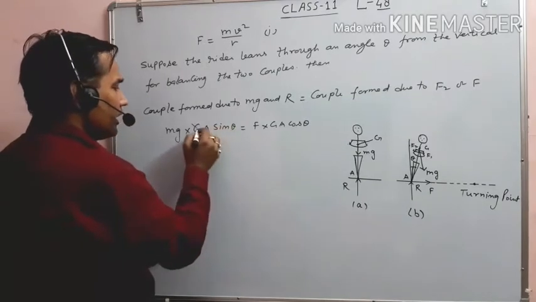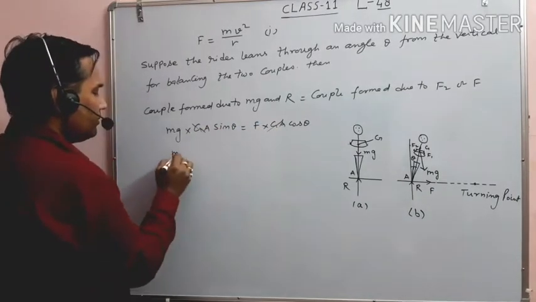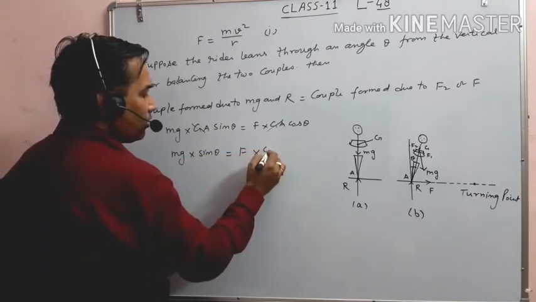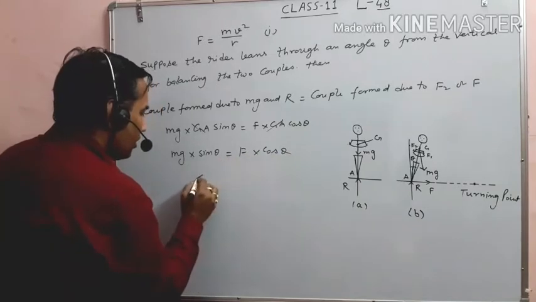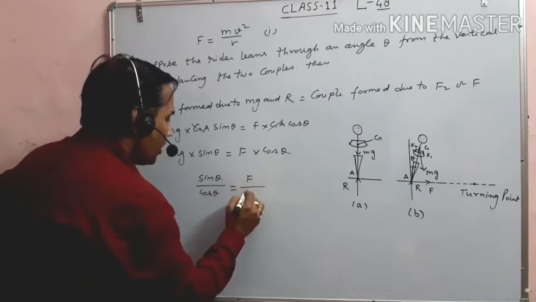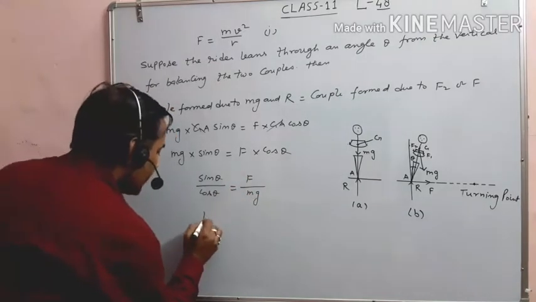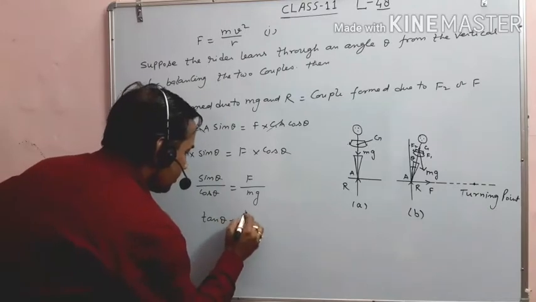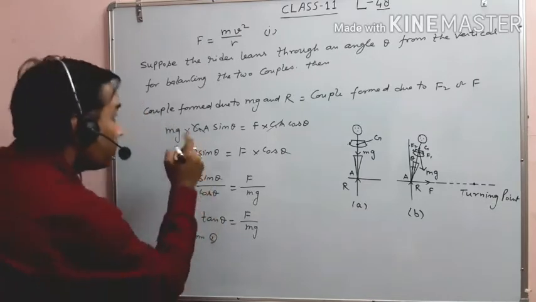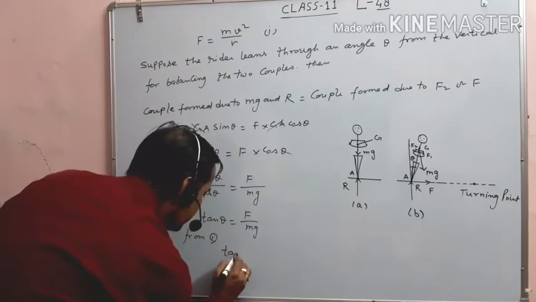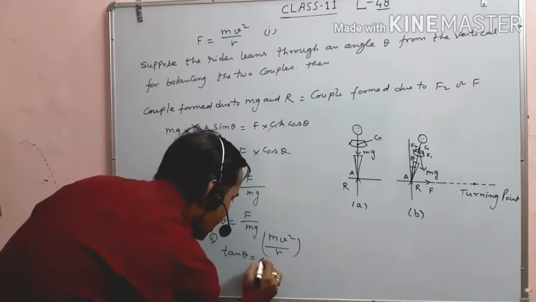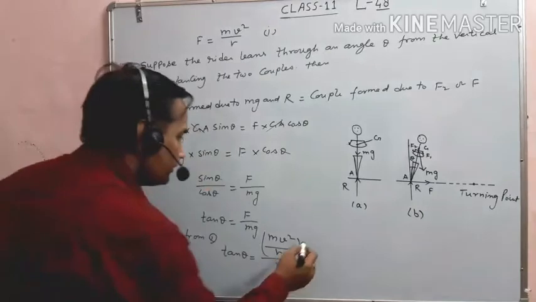So now GA cancels here, so this becomes mg into sin theta is equal to F into cos theta. So sin upon cos is equal to F upon mg, that is tan theta. Tan theta is equal to F upon mg, from the first. So this becomes tan theta is equal to mv square upon r, upon mg.